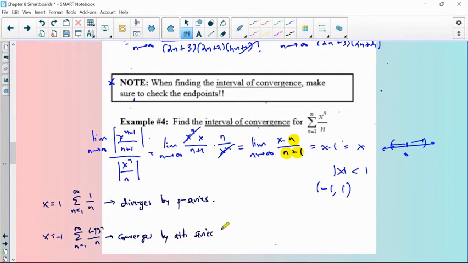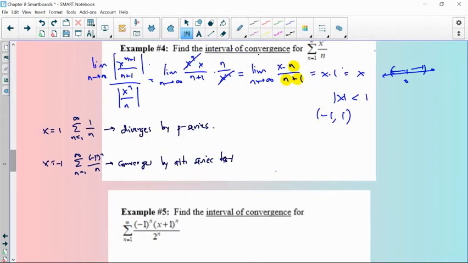Now, if I'm going to use the alternating series test, I should probably make sure that I just real quickly address the two conditions. I know that the sequence 1 over n is decreasing. And then I also know that the limit as n goes to infinity of 1 over n equals 0.